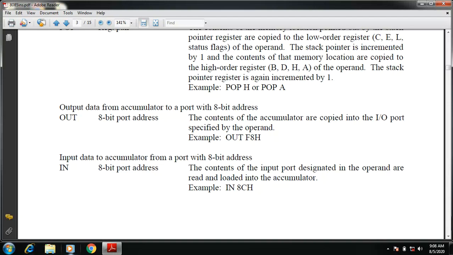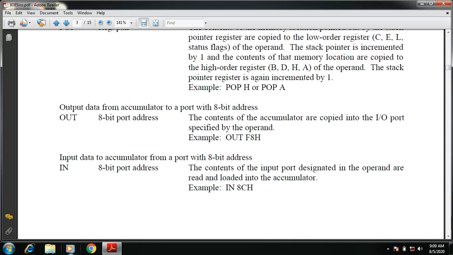Then next LXI register pair, load address, LDA, STA for store accumulator, LHLD load HL directly, SHLD store HL directly at address, LDAX, STAX, exchange, then IN and OUT, then push and pop for stack pointer. So these are all the data transfer instructions. This will complete one category of the 8085 instruction set.